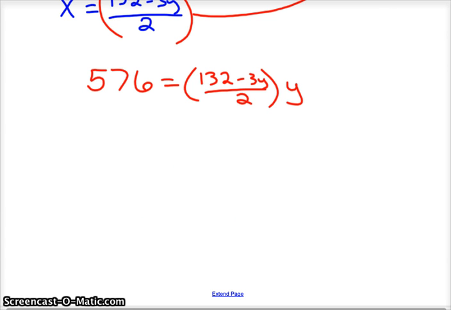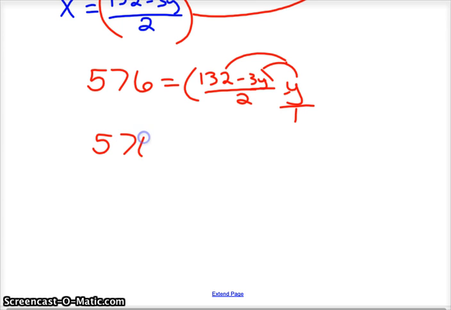Okay, so now we're going to be distributing and solving for Y. We've got one variable. We're ready to roll. So we'll distribute the Y through. A common problem is people will sometimes distribute to the 2 as well, but really this is Y over 1, an improper fraction. So the Y only goes with the top, not with the bottom as well. That's a pretty common error when distributing these.